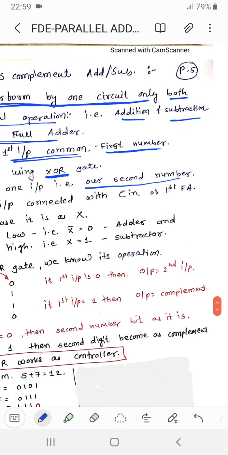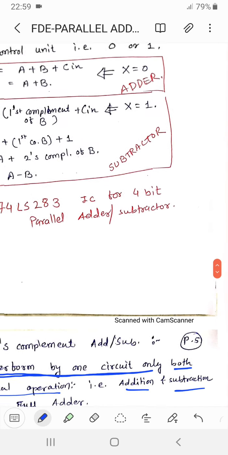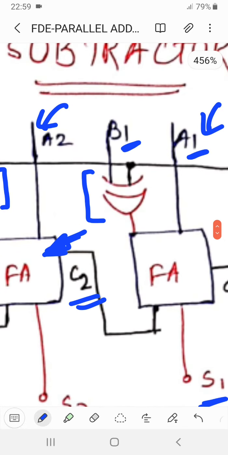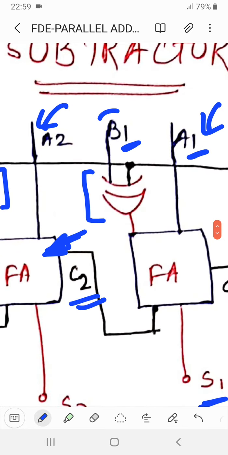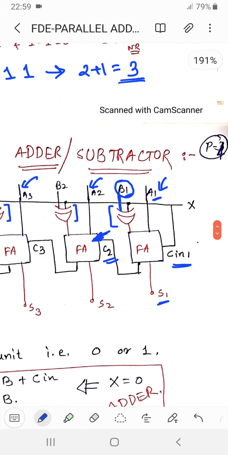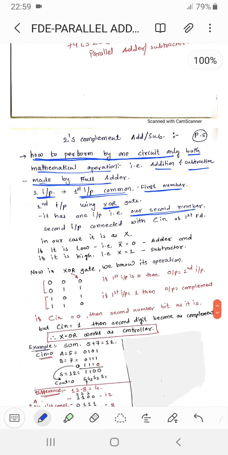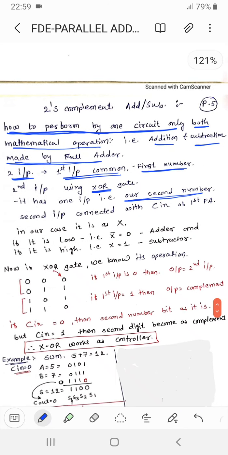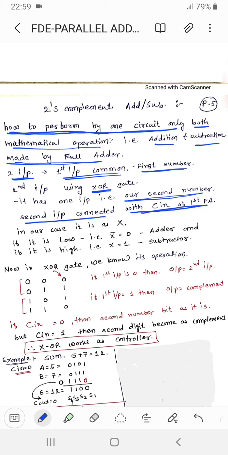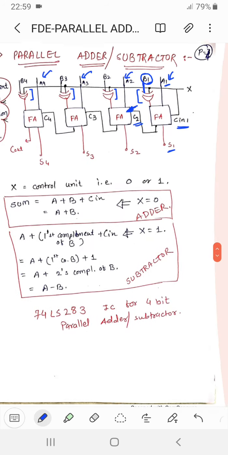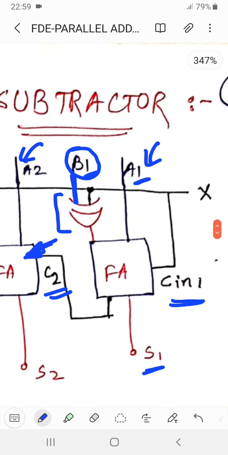See here, for this XOR, B1 is one input, while the second input of this XOR gate is C in of the first full adder.